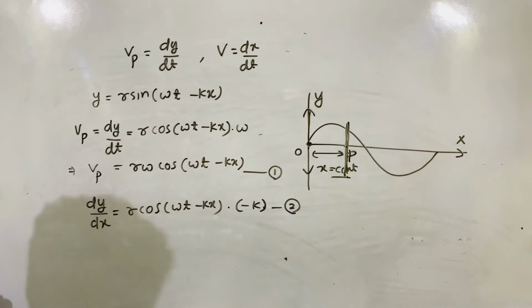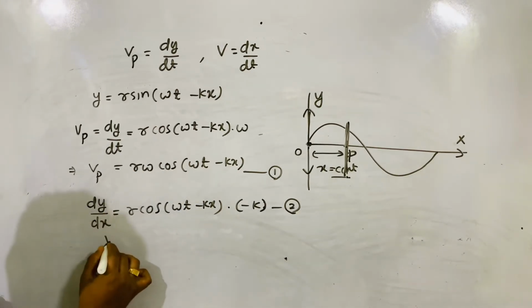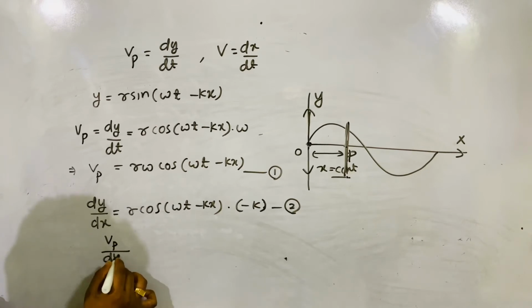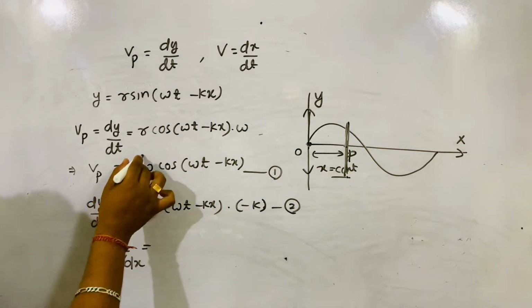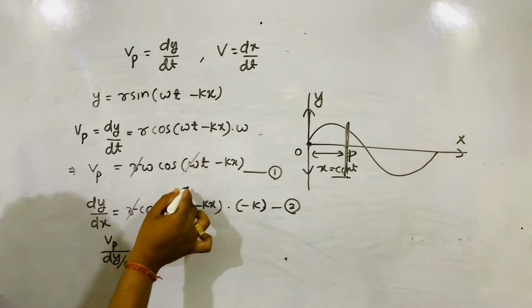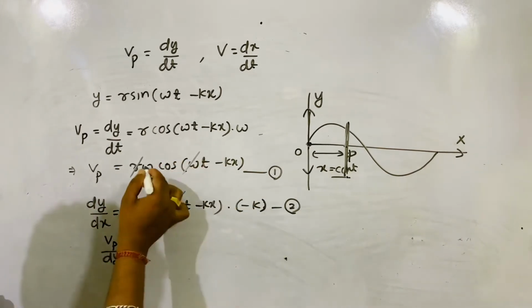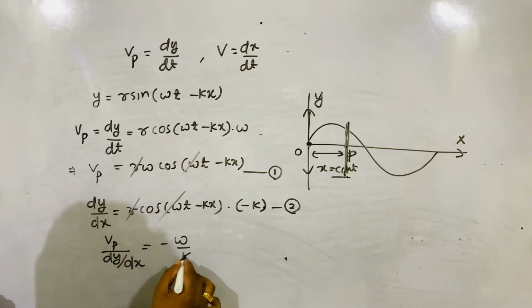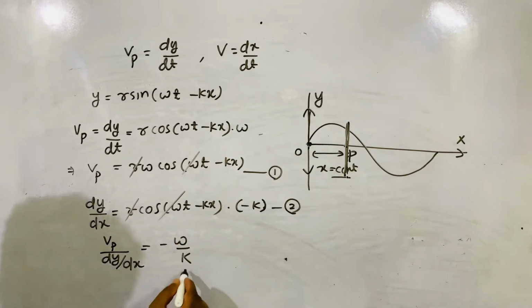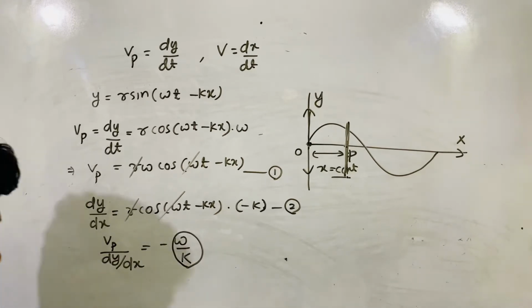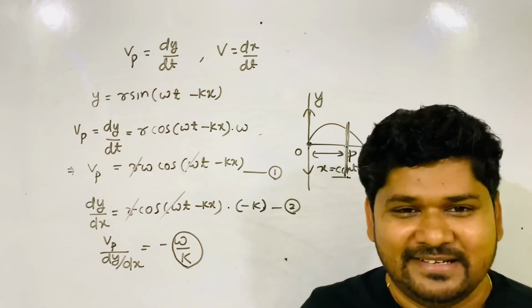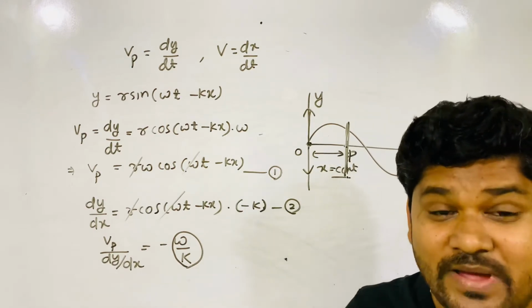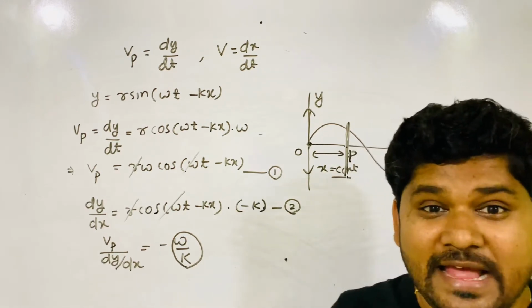Equation number 2. Now divide both the equations. If we divide both the equations, Vp by dy by dx, r cancels, cos cancels. What remains, you see here? Minus omega by k. But what is this omega by k? Just recall. This is the wave velocity, also called phase velocity.